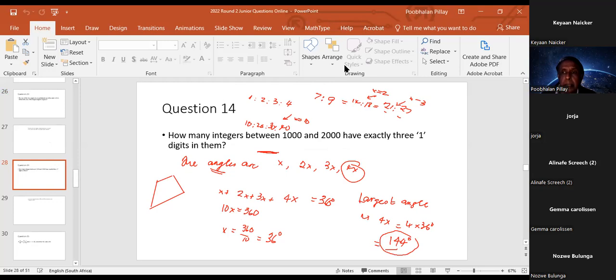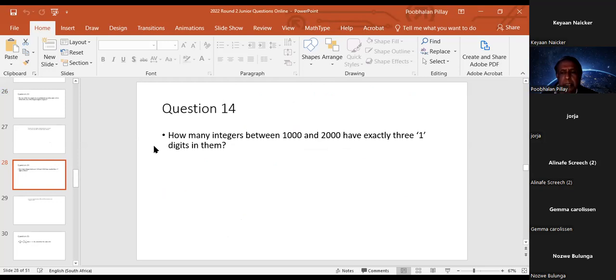Okay, so the next problem now is how many integers between 1000 and 2000 have exactly three 1s in them. Well, I understand by that you have exactly 3.